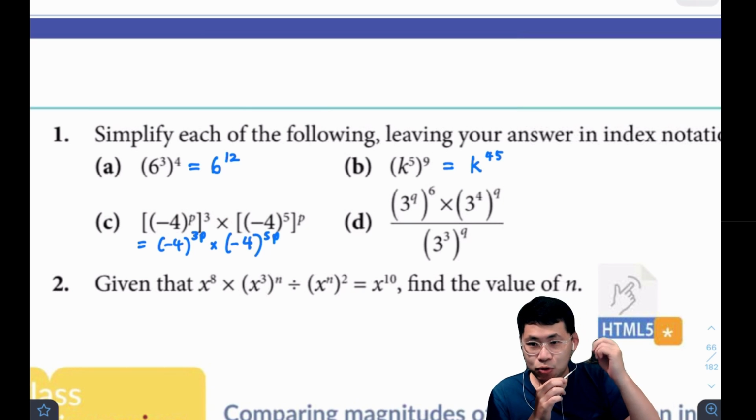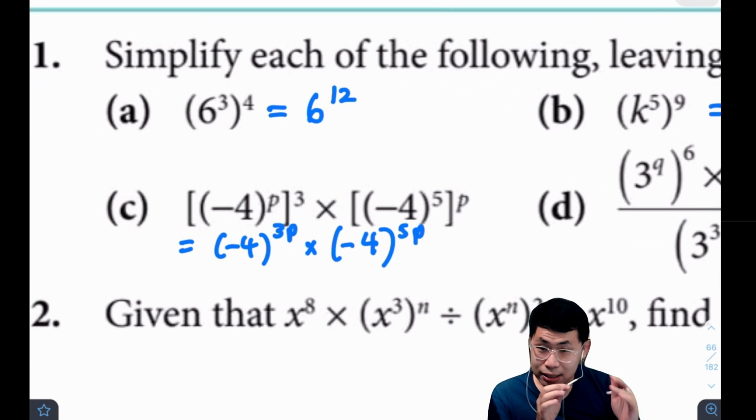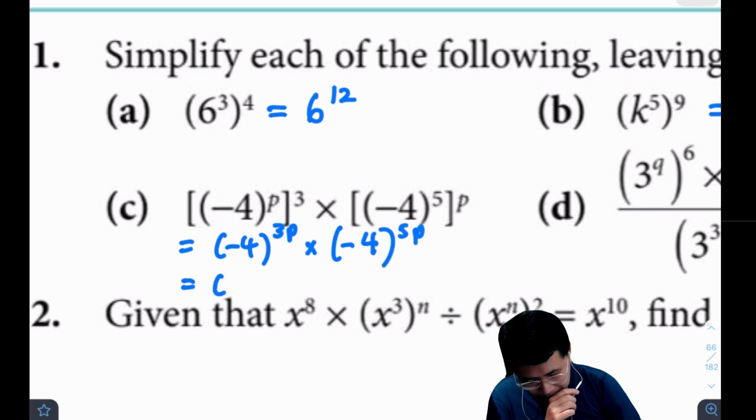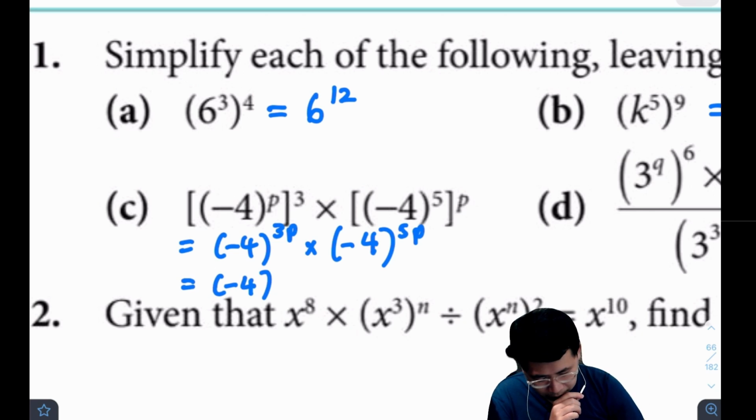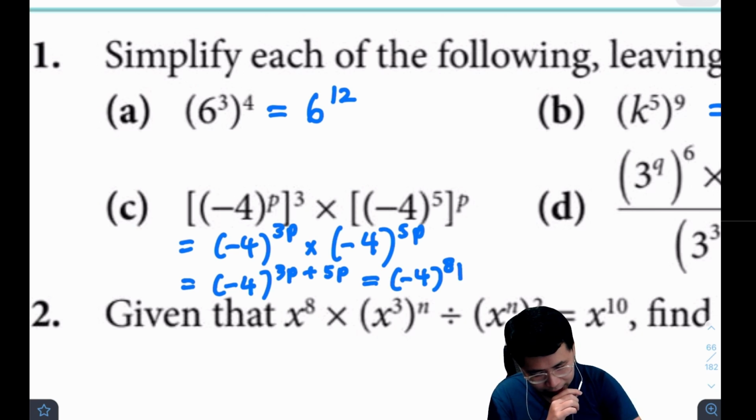Now we have the same base, right? The same base is -4, and the addition will be 3p plus 5p. So altogether it will be -4 to the power of 8p. Sorry, my pen is very thick. Yeah, power 8p.